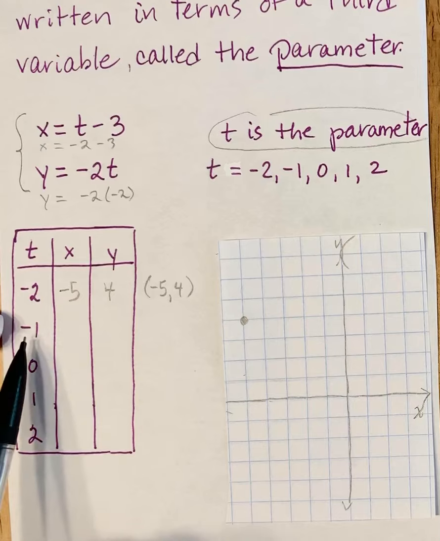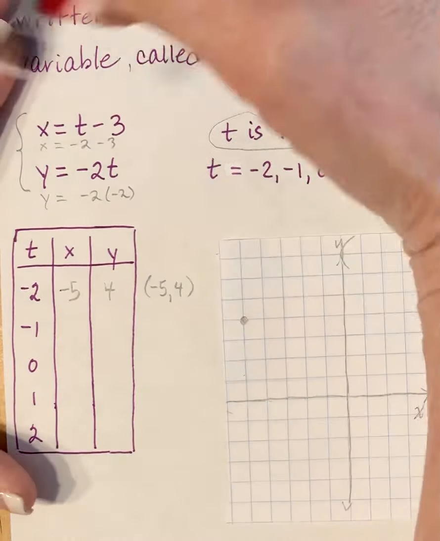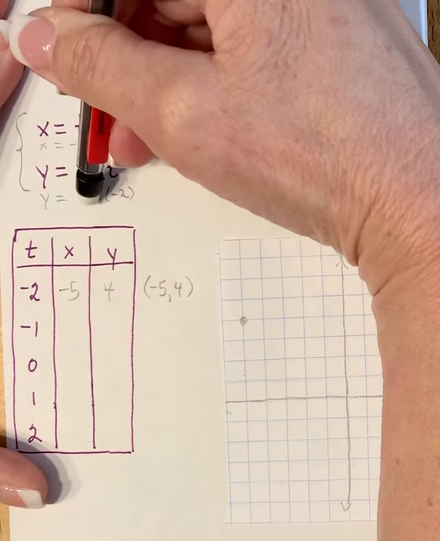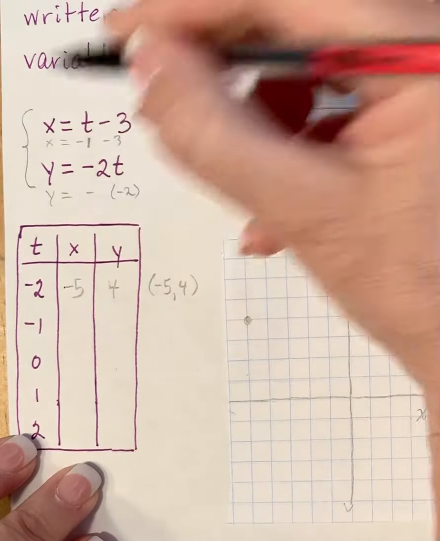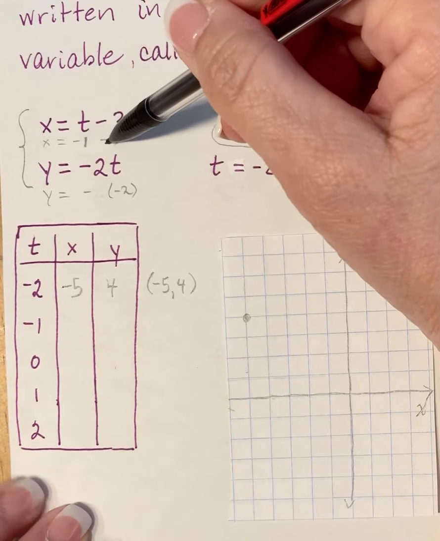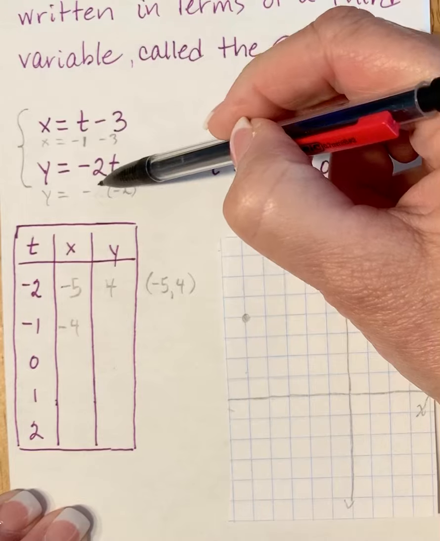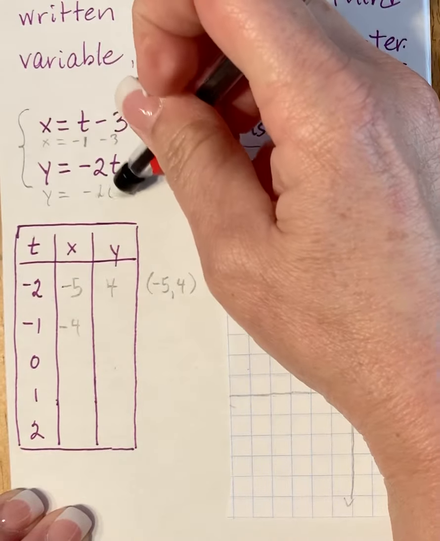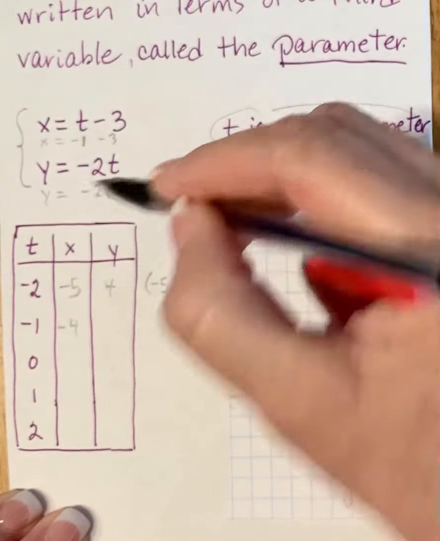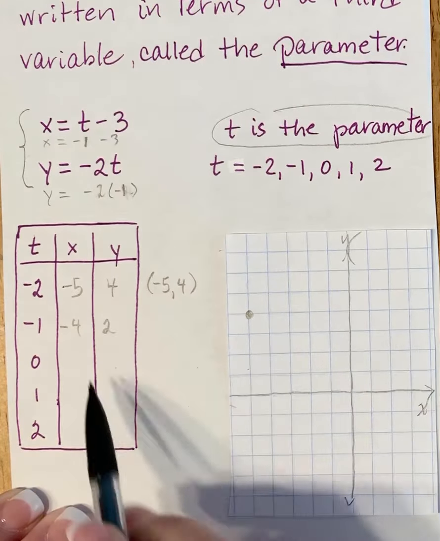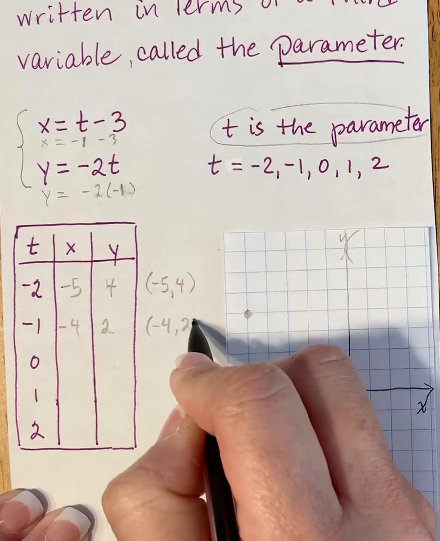And then if you try a different t value, then you have to go back and put them in individually again. So we'll just keep it simple here. Then you would put in -1. So x equals -1 minus 3, that would be -4. And -2 times -1 would give you +2. And then we would come up with this point here, (-4, 2).